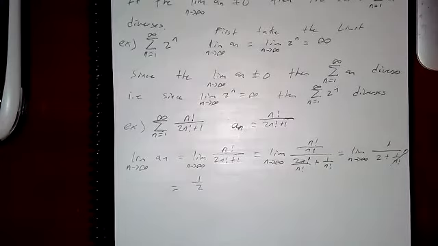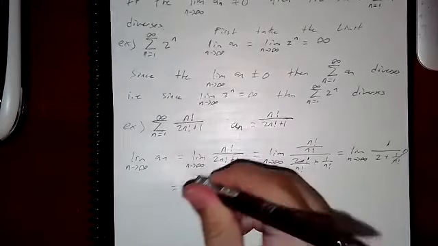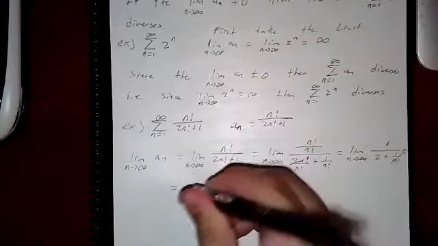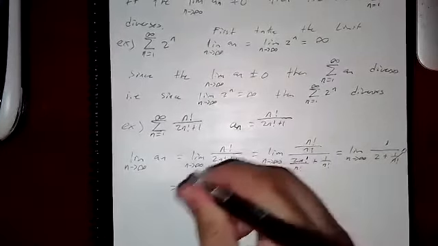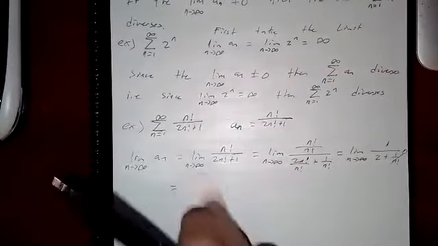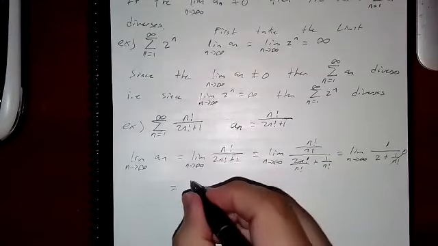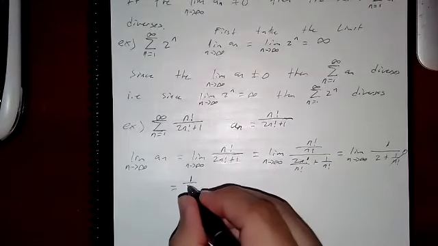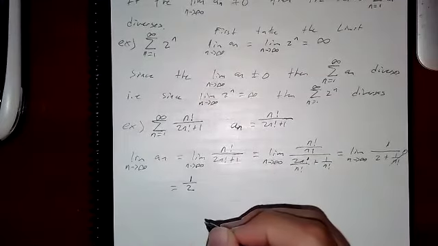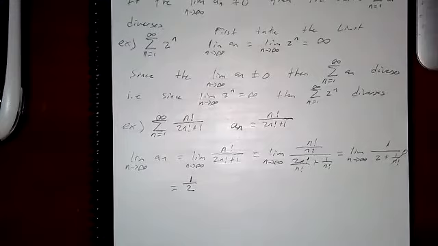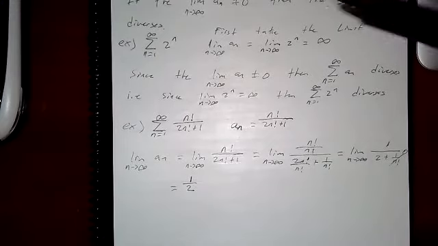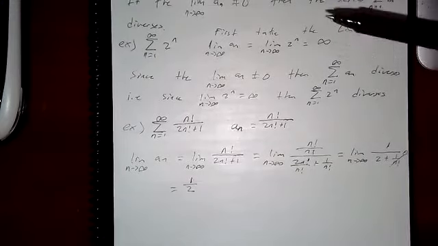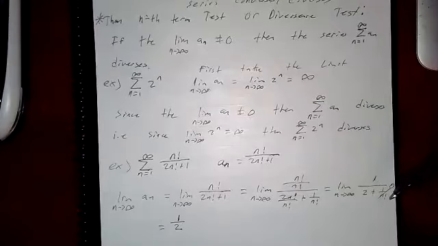What does that mean? It converges? This test can only tell you if it diverges. If this test doesn't tell you anything, that's when the limit is 0. So this is how I want you to think about it. If you get a limit of 0, then you know nothing.